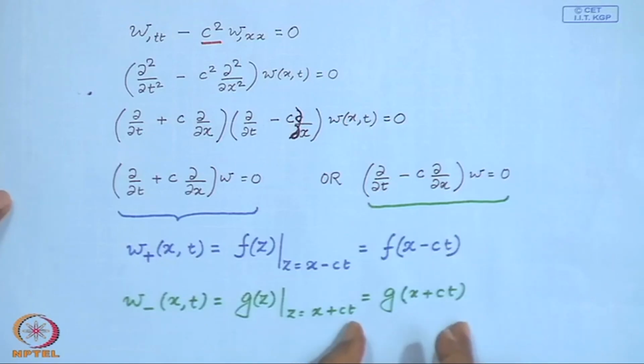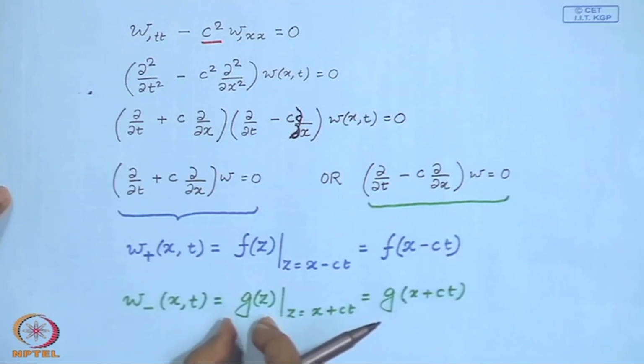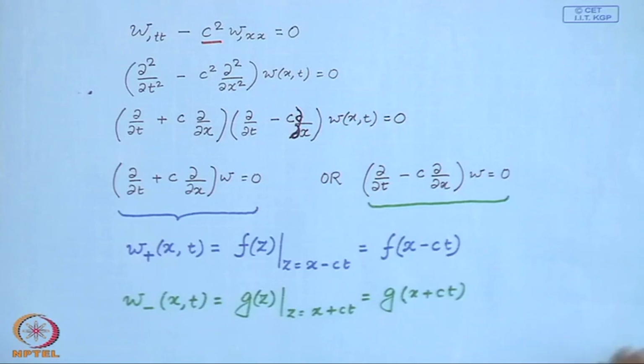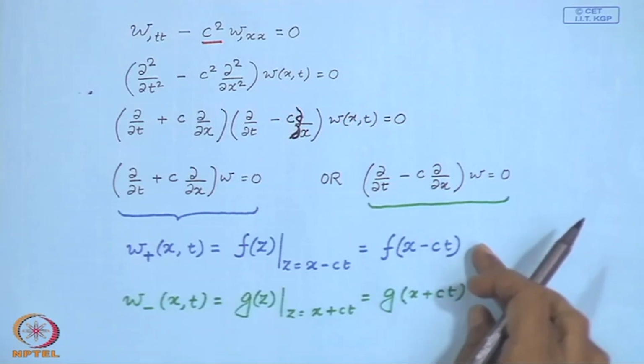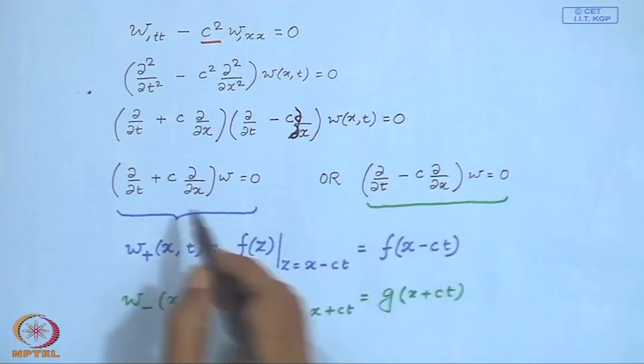So, in this case the wave pulse which is represented by g of z now travels in the negative x direction. So, these are the two solutions of these two differential equations.